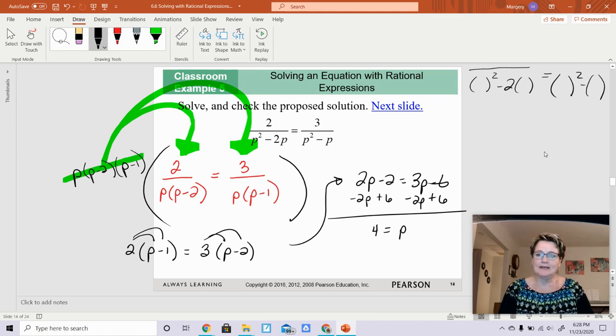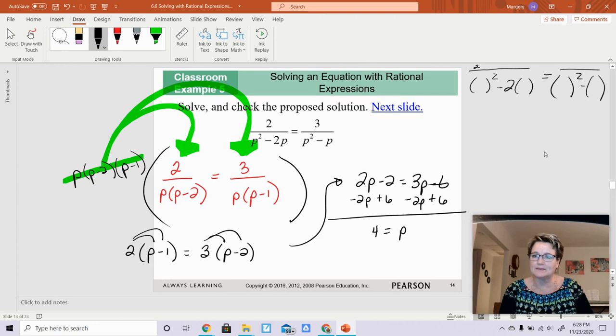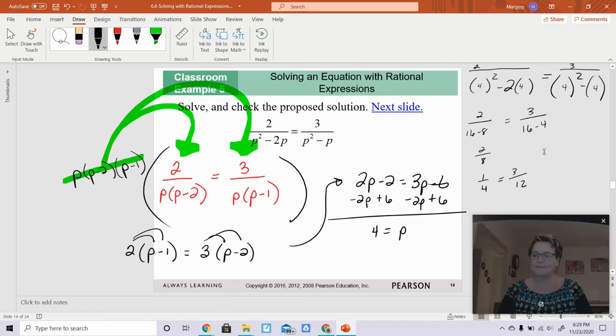So I'm going to put in here, there's a 2 up on this one, sorry, and then there's a 3 up on this one. So I got 4. So I'm going to put 4 in here. So I get 2 over, that gives me 16 minus 8. So 2 over 8 is 1/4 equals, put 4 in here. That gives me 3 over 16 minus 4, which is 3 over 12.